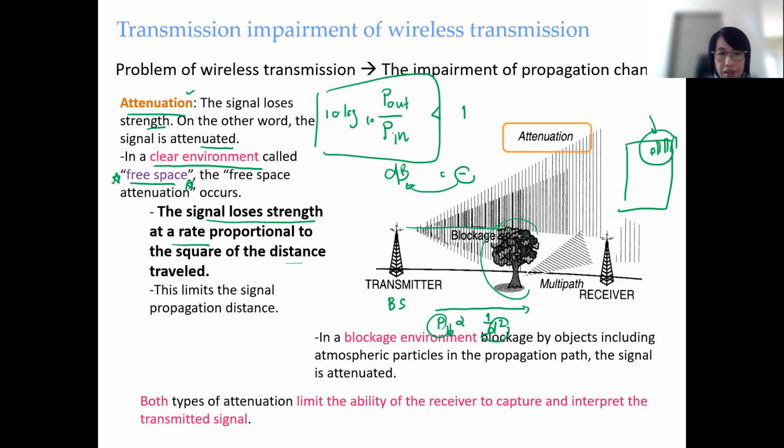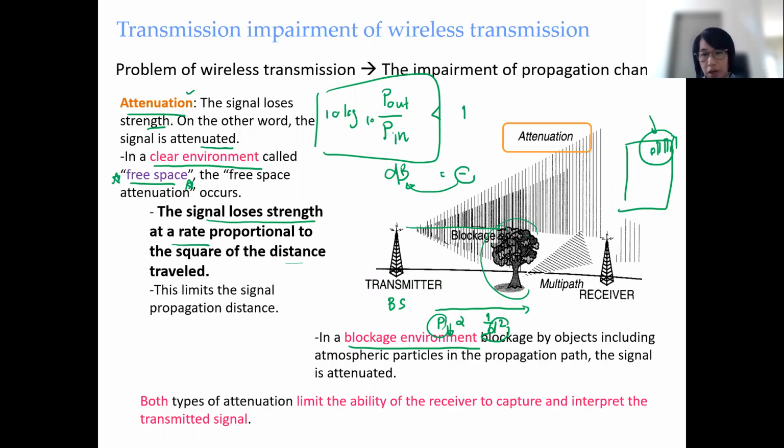of the distance. And then in a real situation, we cannot avoid obstacles. For example, if you are sitting in class in the HM building and the base station is just outside, in the outdoor environment, your mobile phone and the base station have many things in between, right?